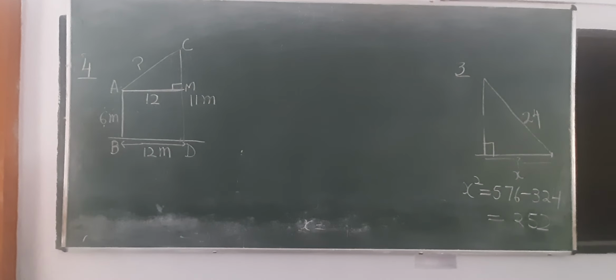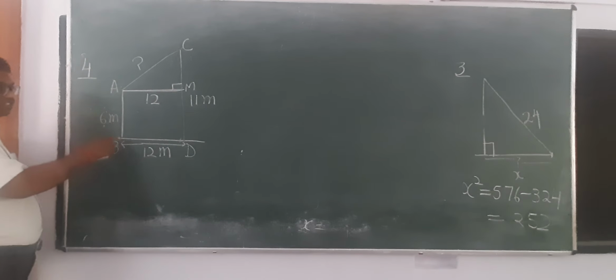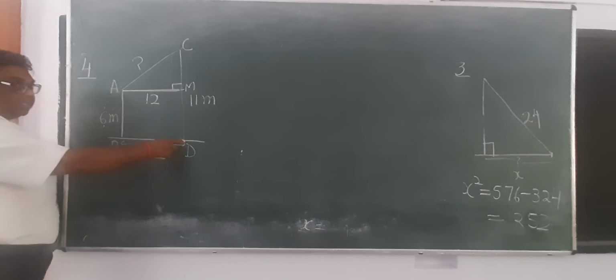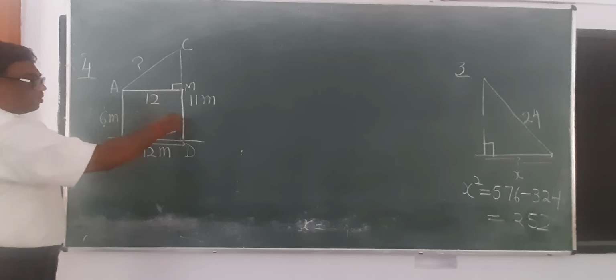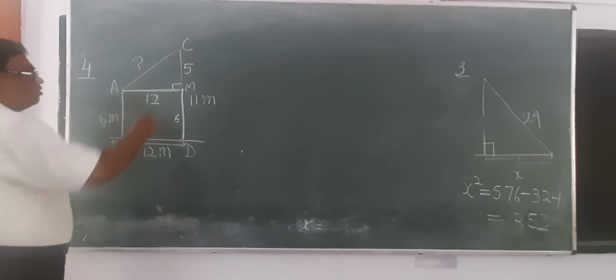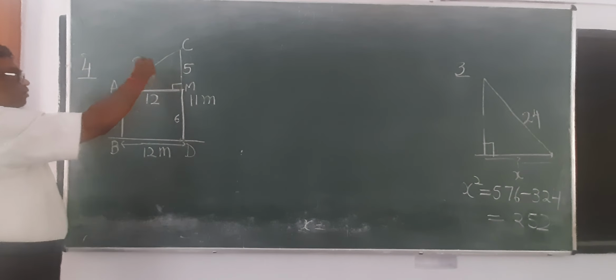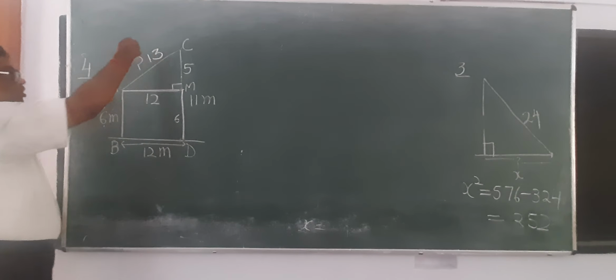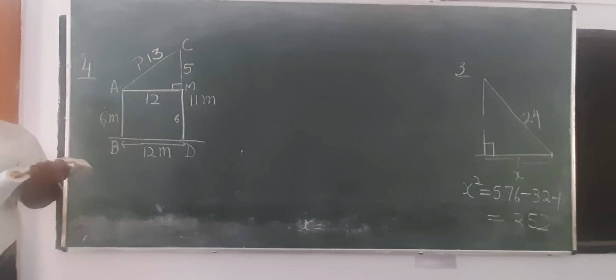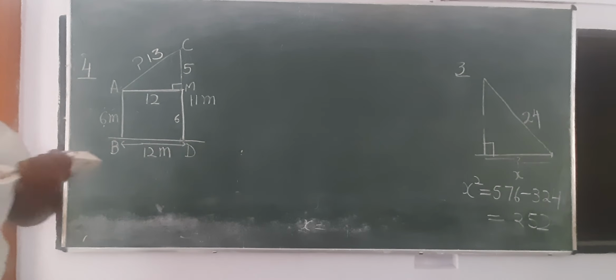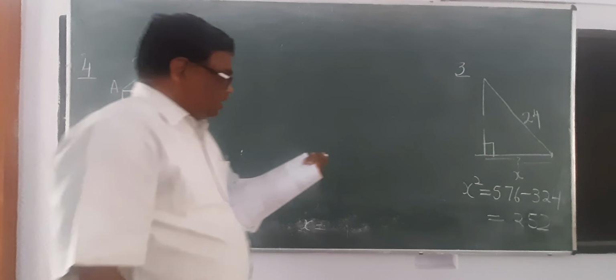It is clear. Then you can see this is 6, therefore this will also be 6, and 11 minus 6 is 5. Now this is 12, this is 5. When we apply Pythagoras theorem, it will come out 13. What is the distance between their tops? It will be 13. It's clear.